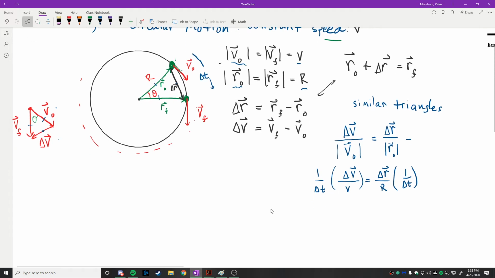I think we are going to have to take the magnitude of these vectors too. Yeah, we'll see.